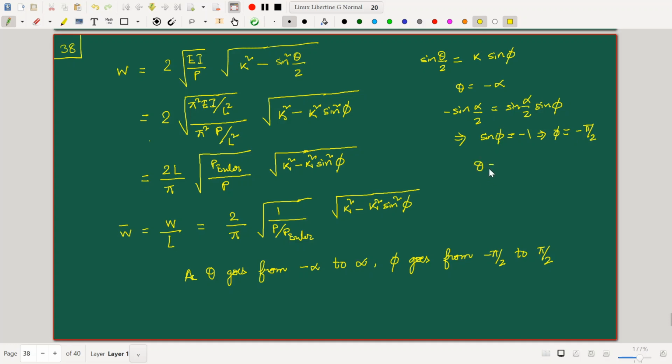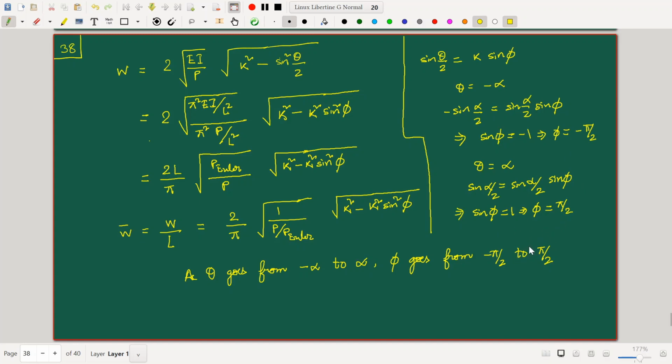And when theta is equal to alpha, I have sine alpha by 2 equal to sine alpha by 2, so sine phi is equal to 1, which implies phi is equal to pi by 2, which is exactly what I have written here. So when you have theta going from minus alpha to plus alpha, I have phi going from minus pi by 2 to pi by 2.